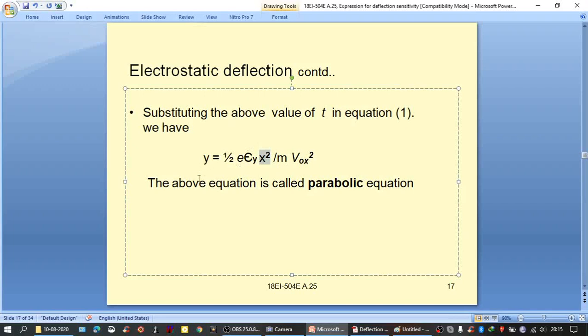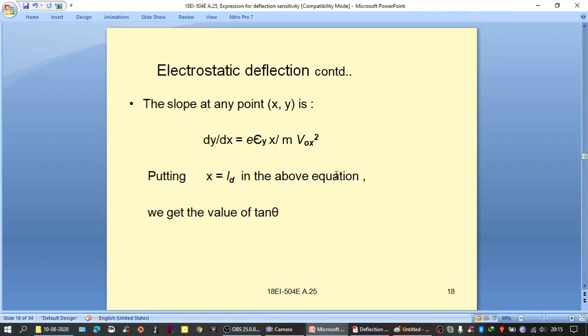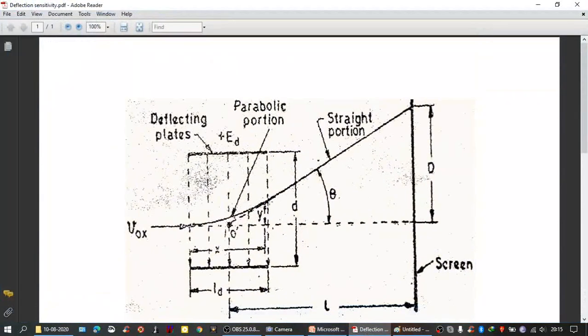So d by dx of y is equal to E Ey x by m V0 square. This is the slope.